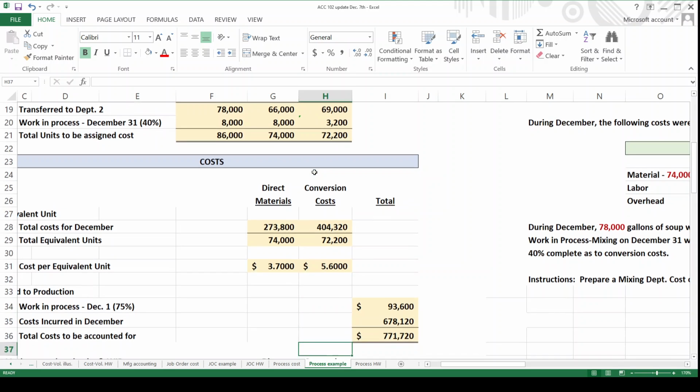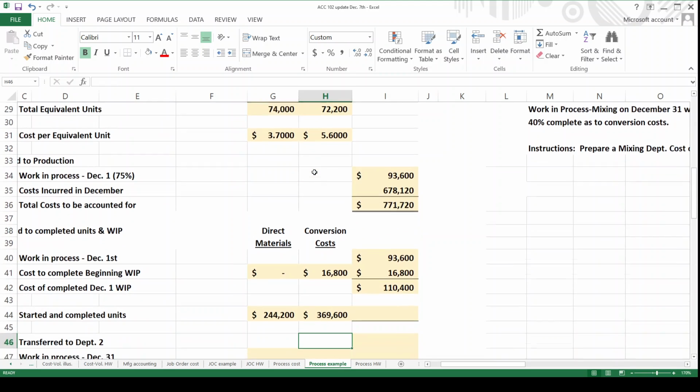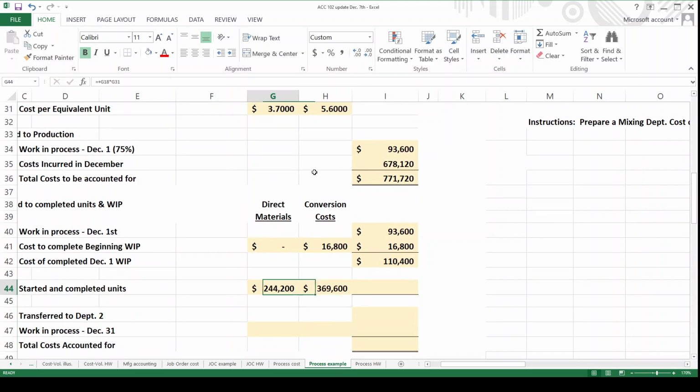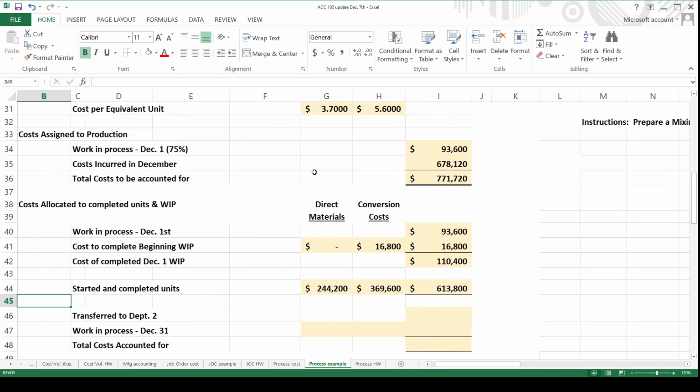Okay. Moving right along. Where are we? All right. What was the total cost of the started and completed? Just add these two together. 613,800. Okay. We're getting there. Now, what did we transfer to Department 2? We transferred out 78,000.